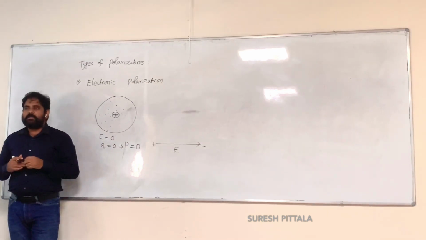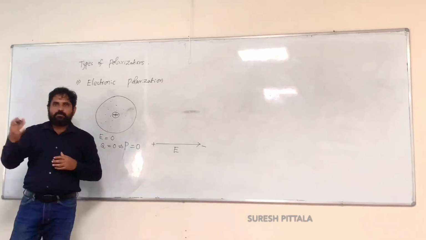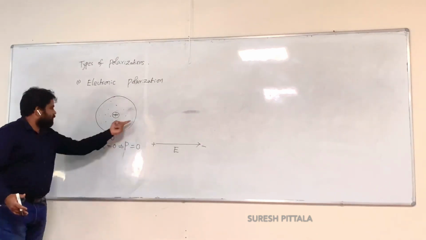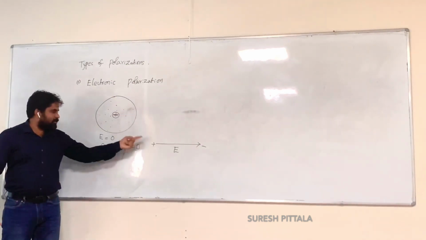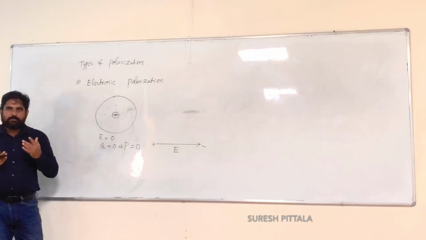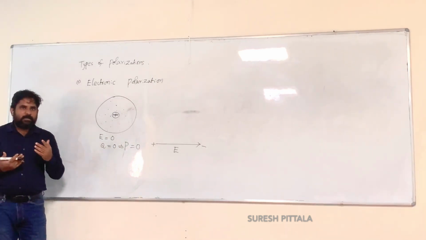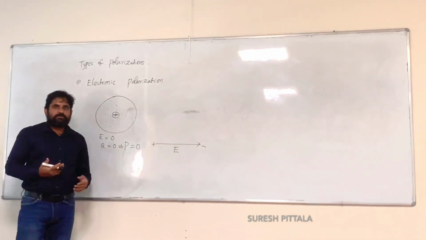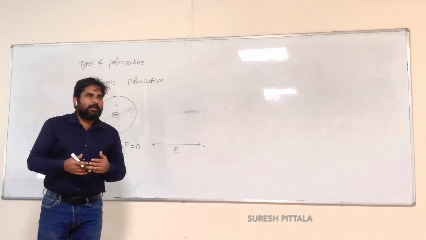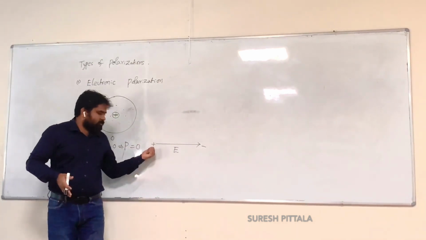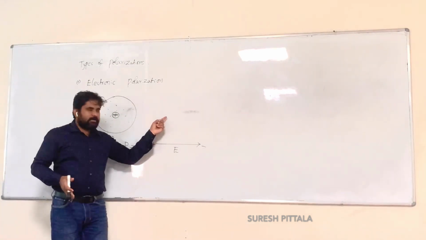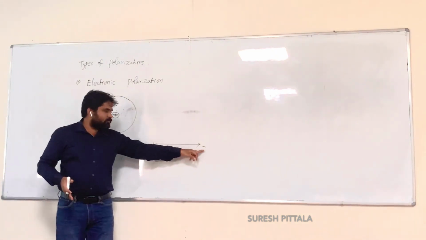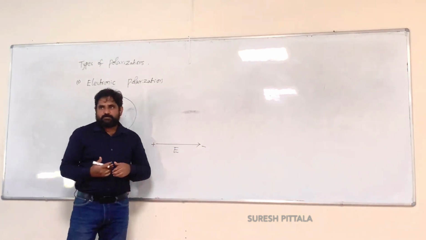Nucleus is heavy, so moving nucleus is tougher when you compare to the electron cloud, which is easy to move. So the electron cloud having the negative charges, they see the positive charge, they slightly come this side at the cost of the nucleus. So we say that relatively electron cloud comes towards the positive charge, whereas the positive nucleus comes towards the negative charge. This is what happens.